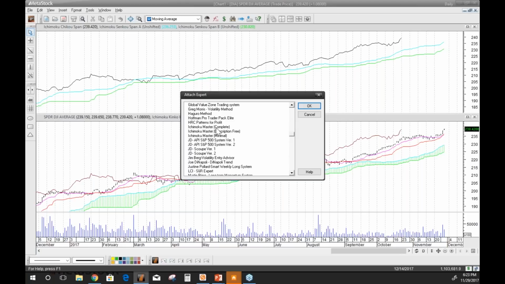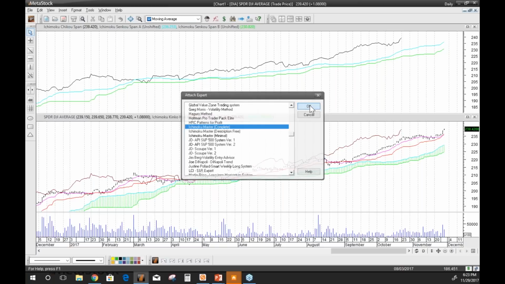We have a complete, a description-free, and a minimal. And they're really based upon how experienced you are with Ichimoku Master at that time. They all contain kind of the same information for trading purposes, but some have more educational or informational information than others. So we're going to go ahead and start with the complete so that you can see everything.